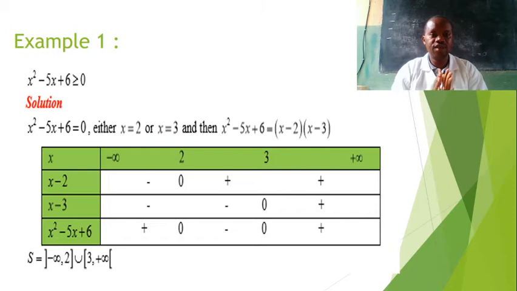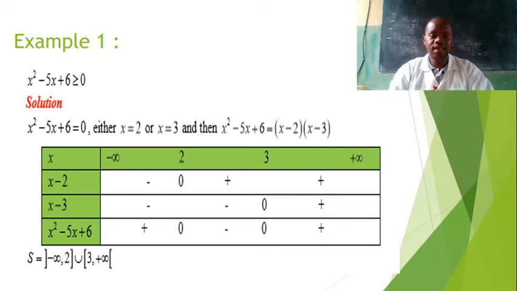It means that we'll find where x square minus 5x plus 6 is positive, greater than 0, as we saw previously. In this case, we will see that x square minus 5x plus 6 is positive in the interval from minus infinity up to 2, and from 3 up to positive infinity.